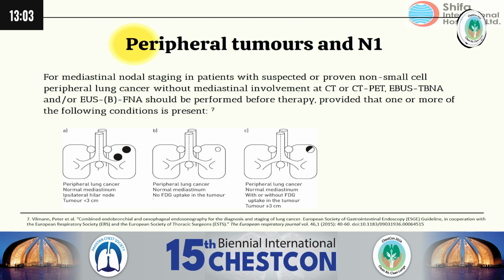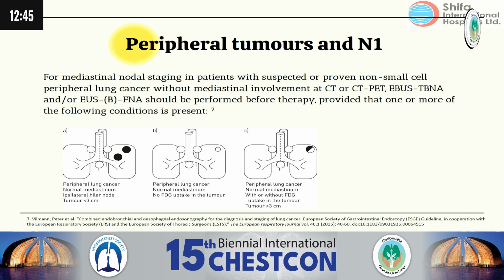And even if the mediastinum is normal, it is recommended that you do EBUS TBNA staging. Then if you have a peripheral tumor which is not FDG avid but a normal mediastinum looking, it is recommended that you do EBUS TBNA staging.